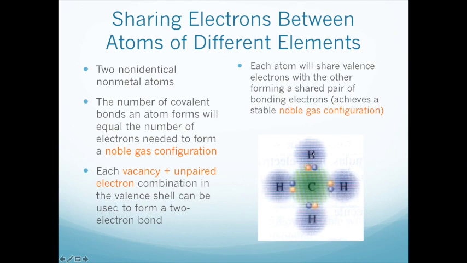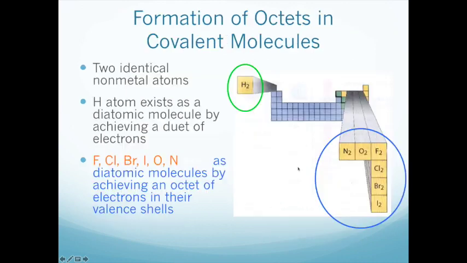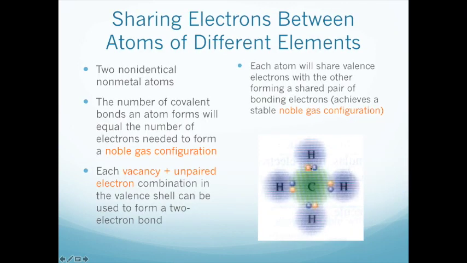So each valence electron in the hydrogen pairs with one of the valence electrons in the carbon, and the carbon achieves the octet because now it has 8 electrons in its shell, and the hydrogens each in turn obtain a duet because they now each have 2 electrons in their shell. The entire molecule is neutral and stable.